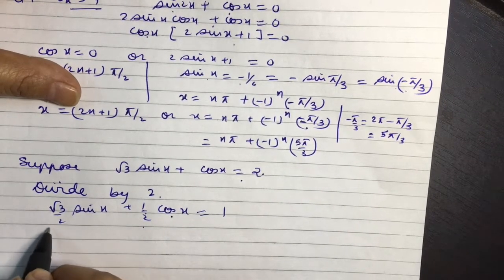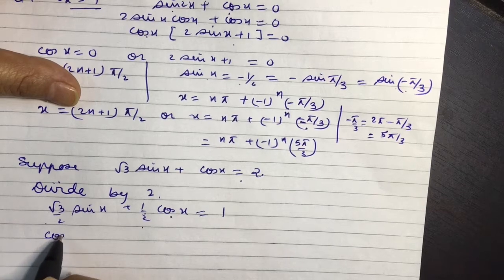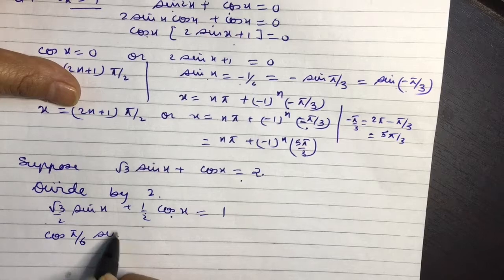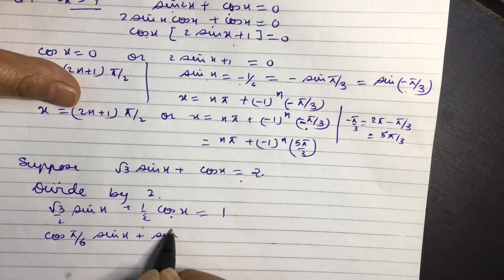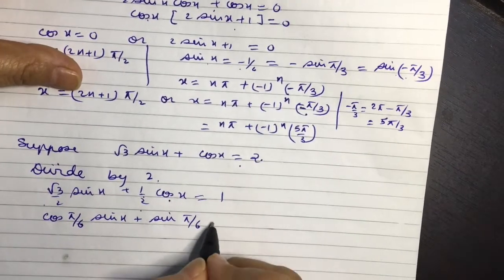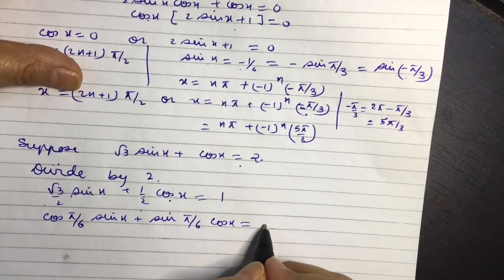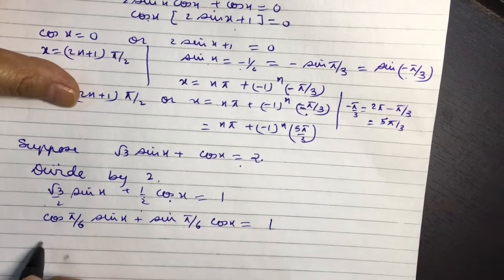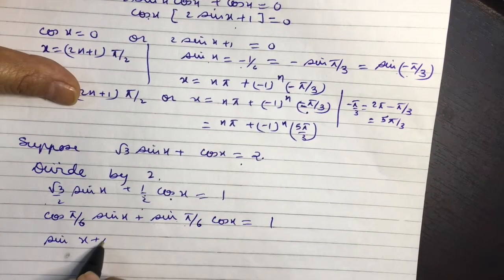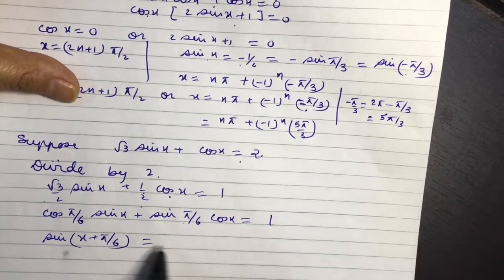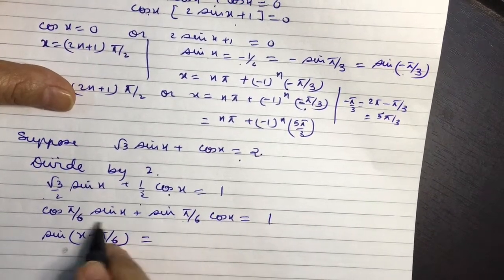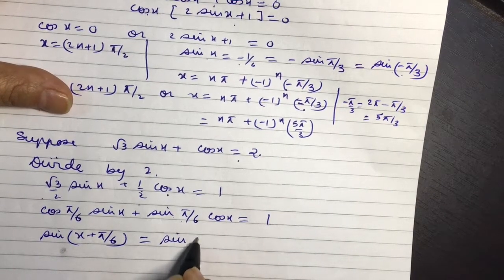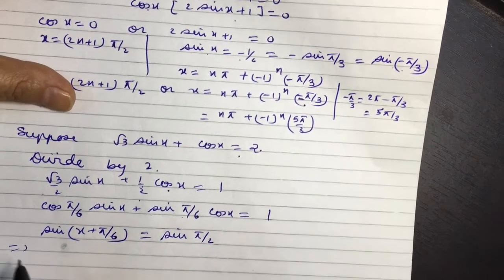So let me write in place of this, cos of 30, that is pi by 6, sine x plus sine of pi by 6 cos x equal to 1. Now this is sine x cos y plus cos x sine y. So sine of x plus pi by 6 equal to, now I have to compare this with another sine function. So 1 can be replaced with sine of pi by 2, and now we proceed as usual.